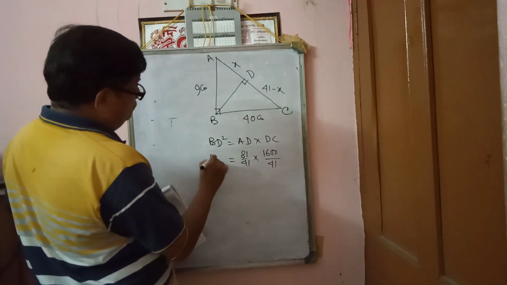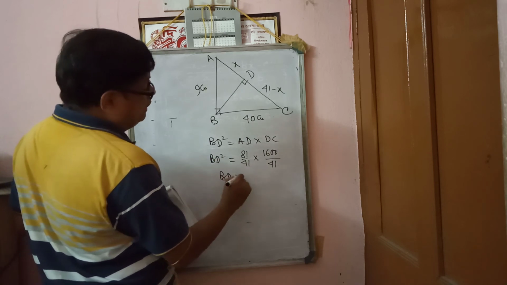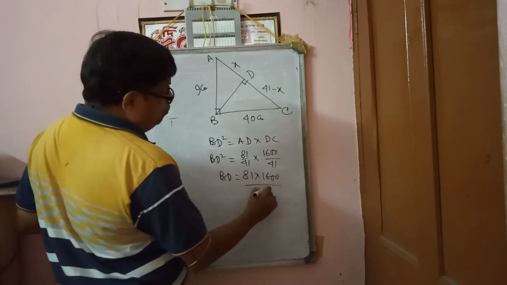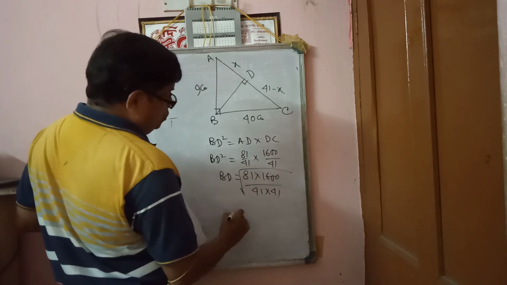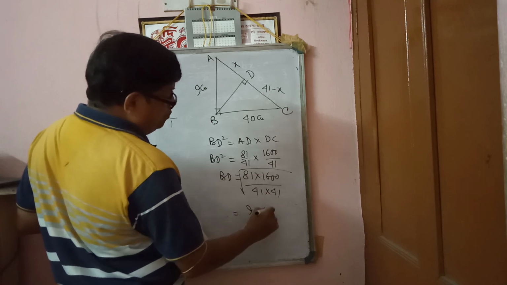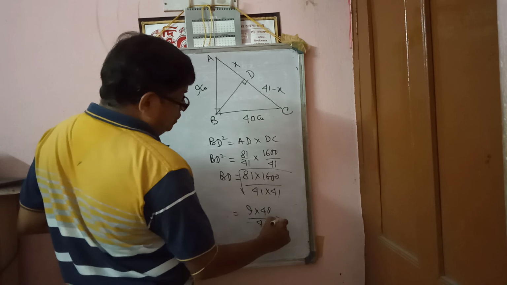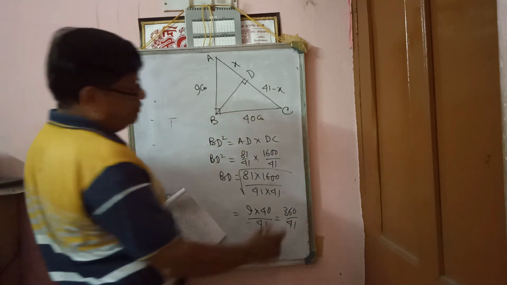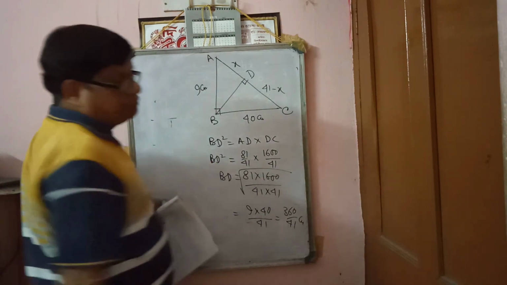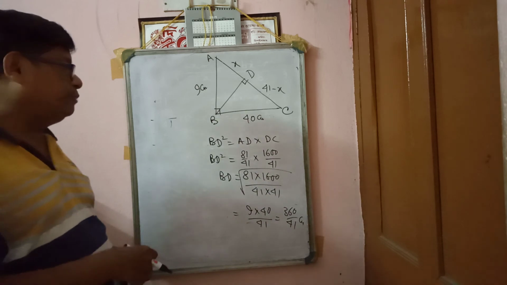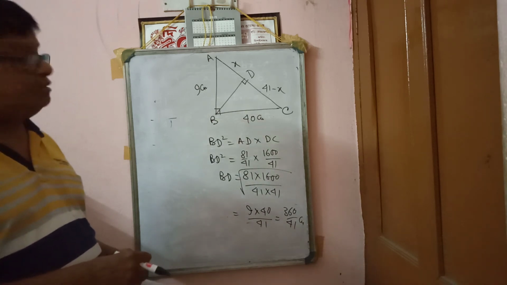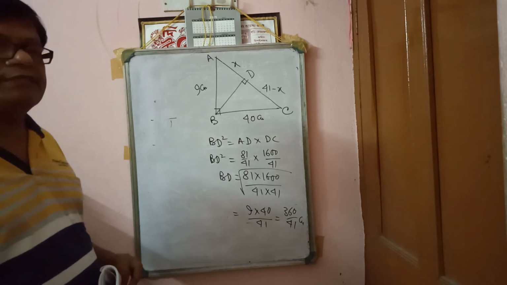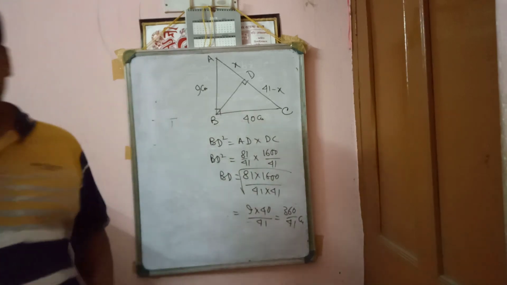So BD square, so BD you can write, square root of 81 into 1600 by 41 into 41. So 9 into 40 by 41. So we have 360 by 41 centimeter. After this you write BD equals 360 by 41. That is a mixed fraction, you convert it into a mixed fraction and you get the result. Okay, very important sums.